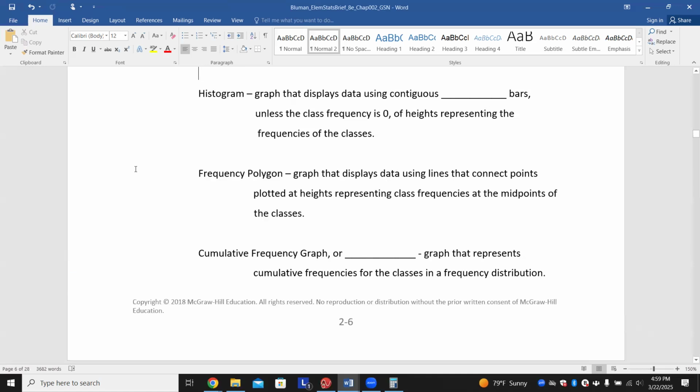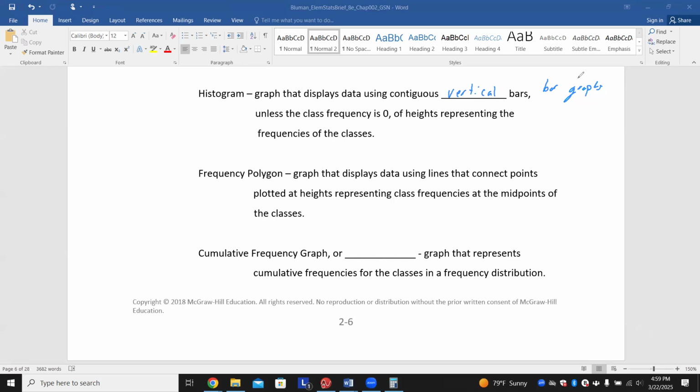We have histograms, which is a graph that displays data using continuous vertical bars, also known as bar graphs, with a height representing the frequency of the class, unless the class frequency is 0. So if it represents 0, you just won't have a vertical bar. It'll be the absence of one, which means there's an absence of data there.